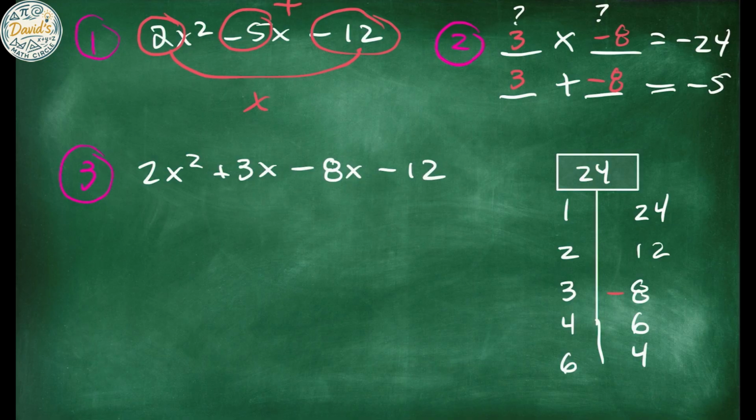If I put them back together, it gives me minus 5x, which is good because we don't want to change the nature of the trinomial. And why have we done this? It's to be able to do what is called factoring by grouping, which you might have already learned. So now we have two groupings: the first grouping and the second grouping.